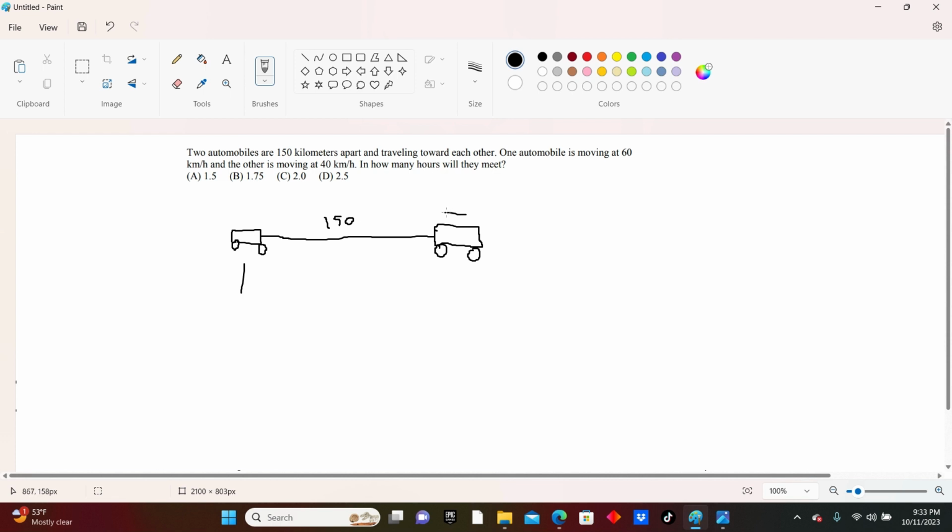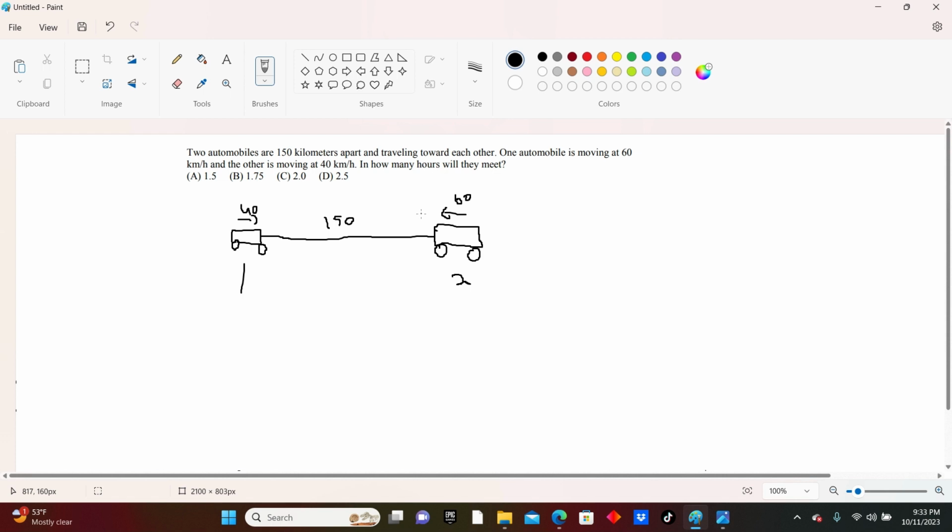and one of them is traveling this way at, let's say, 60 kilometers per hour, and this one is moving at 40 kilometers per hour. So the rate at which they're approaching their meeting point is 100 kilometers per hour, because after 1 hour, one is getting closer by 60, and one is going inwards by 40.